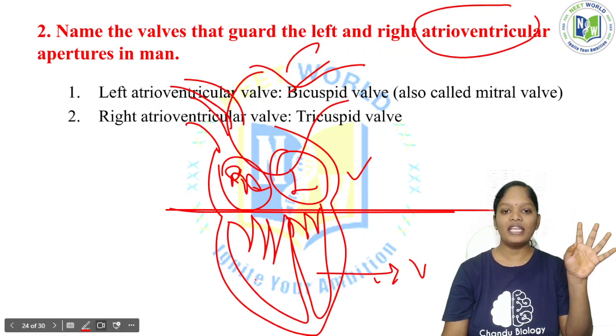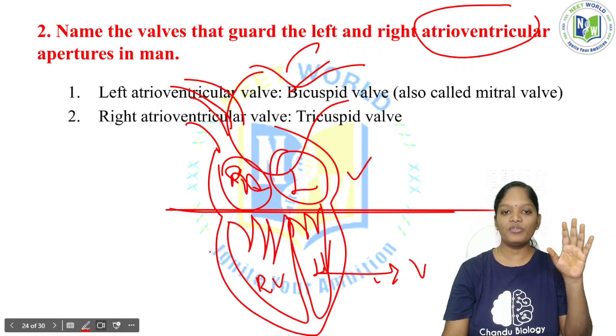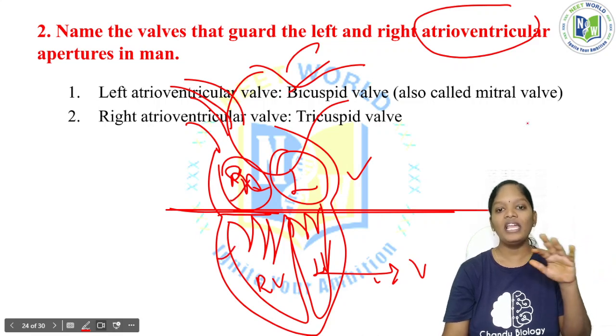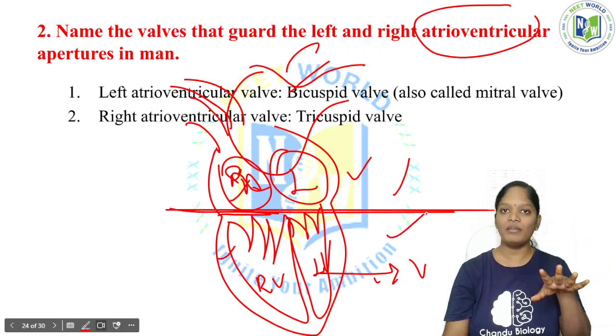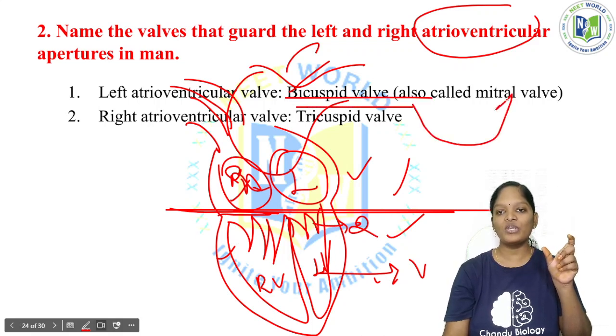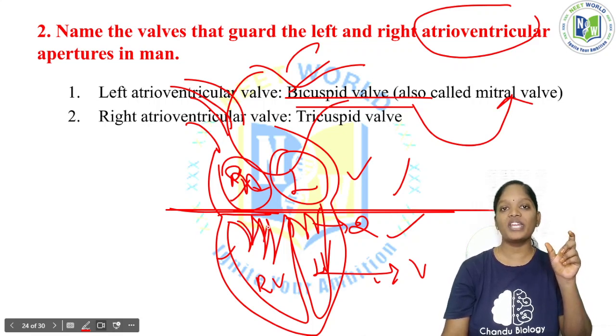The aperture present on the right side is the right atrioventricular aperture, and the other is the left atrioventricular aperture. The valve present in the left atrioventricular aperture, which has just two openings, is called the bicuspid valve. This bicuspid valve is also called the mitral valve. And the valve present in the right atrioventricular aperture is the tricuspid valve.